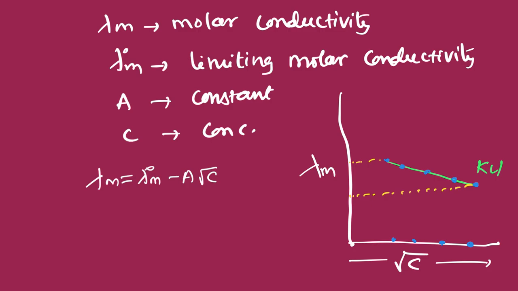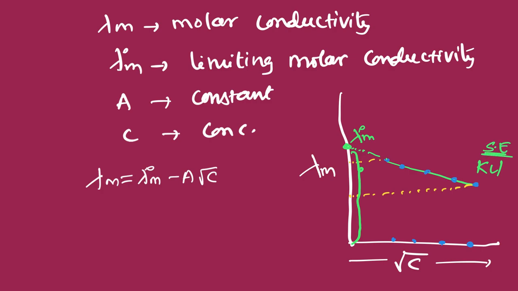Extrapolate this line, then you get the point like this. This is called lambda naught m, that is called the intercept. So by extrapolation of the line, we can get lambda naught m.